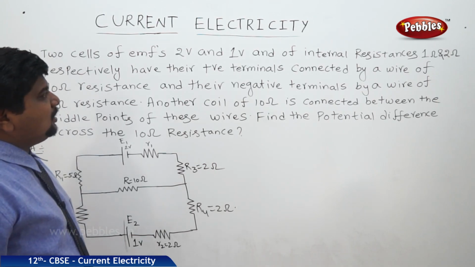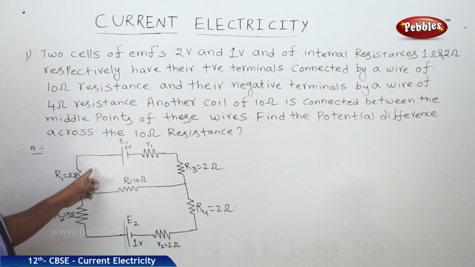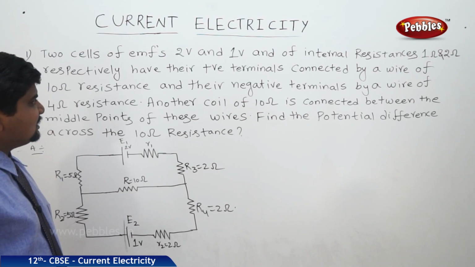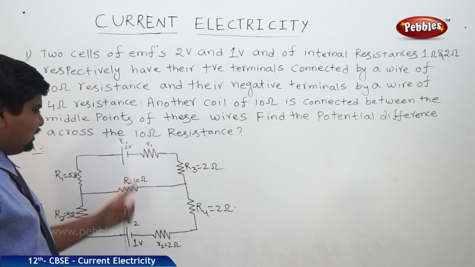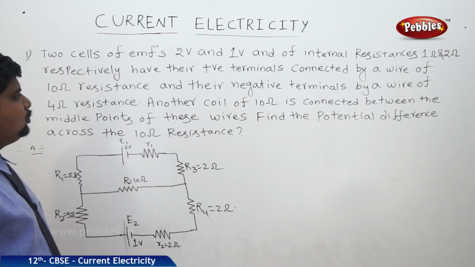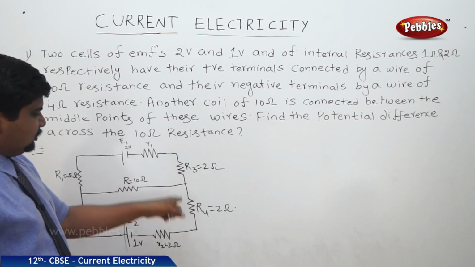respectively, have their positive terminals connected by a wire of 10 ohms resistance, and their negative terminals by a wire of 4 ohms resistance. Another coil of 10 ohms is connected between the middle points of these wires.